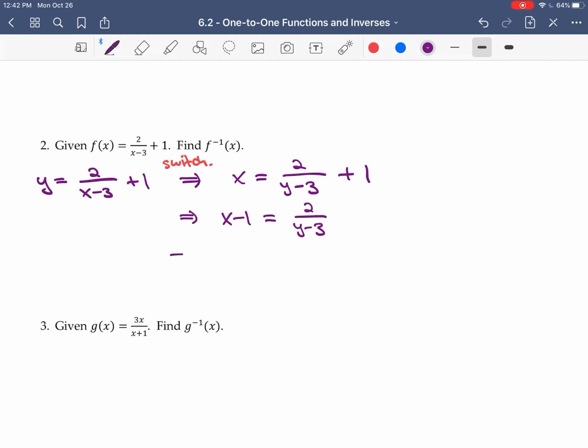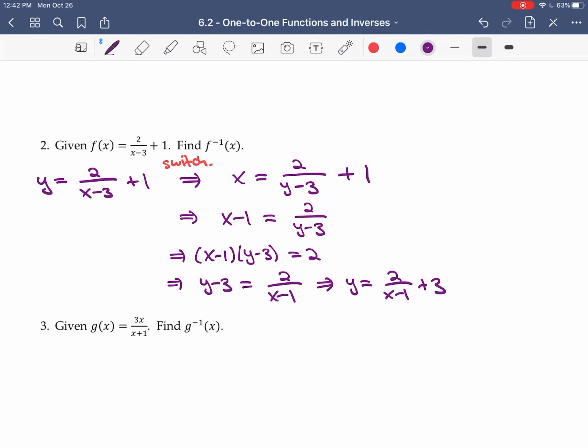Then I multiply both sides by y minus 3, so x minus 1 times y minus 3 is equal to 2. Divide by x minus 1, so y minus 3 is 2 over x minus 1. Finally, I add 3, so y equals 2 over x minus 1 plus 3. And that's my inverse. So f inverse of x is 2 over x minus 1 plus 3.